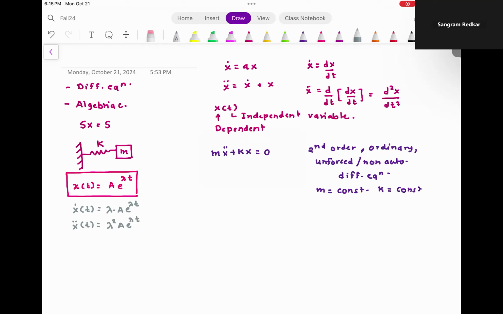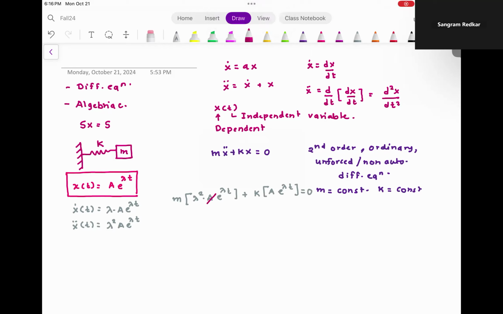Now I'm going to substitute m x double dot as m lambda square a e to the lambda t plus k a e to the lambda t is equal to 0. Do you agree with me? Now understand, I have 0 on one side.